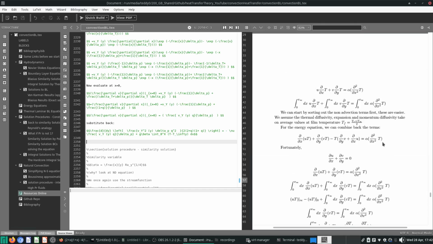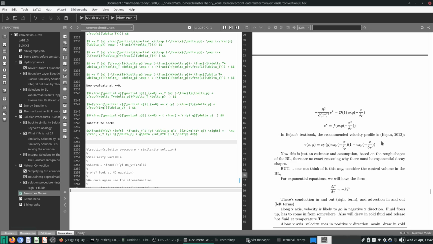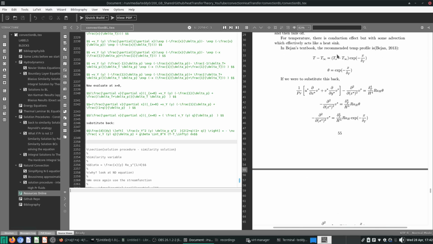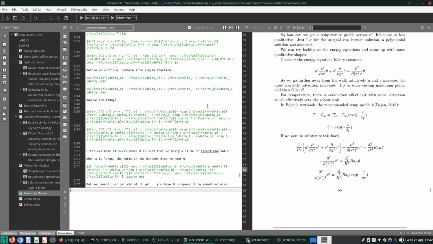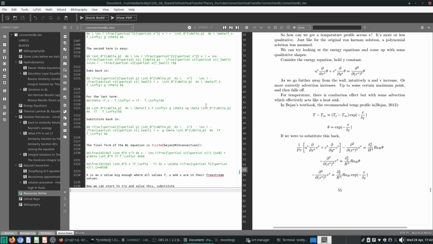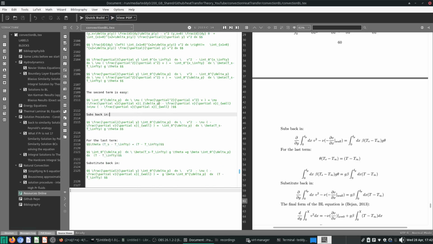Maybe I should break it up into sections. There you are. Yeah, I should break it up into sections. It's not the Leibniz rule part.